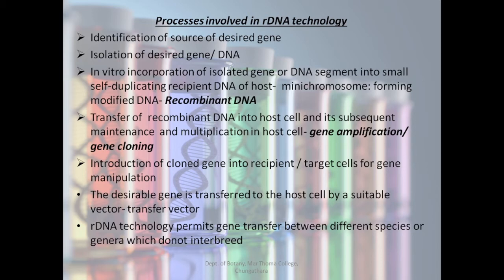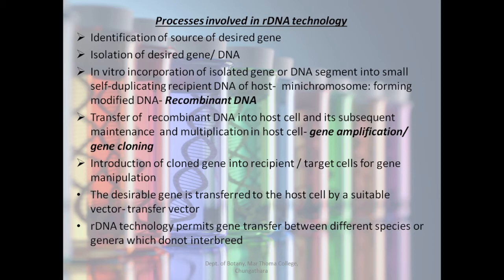The desired gene is thus transferred to the host cell by a suitable vector. Those vectors which are used to transfer the character or the gene are known as transfer vectors, and those vectors which are used for amplification of genes are known as amplifying or cloning vectors.